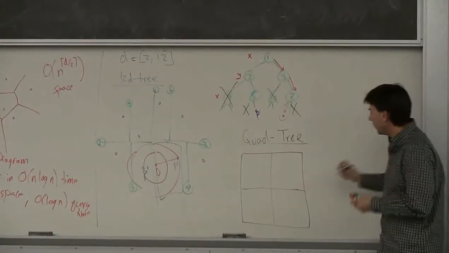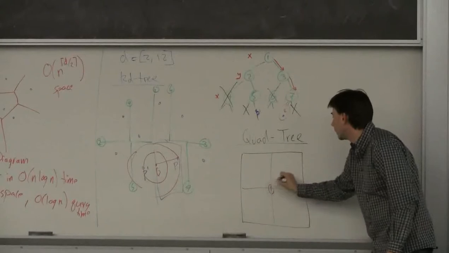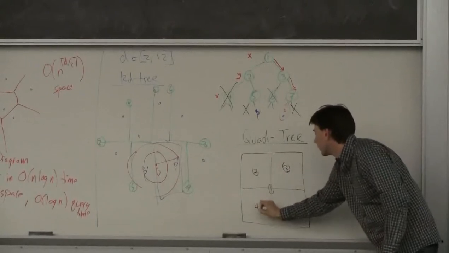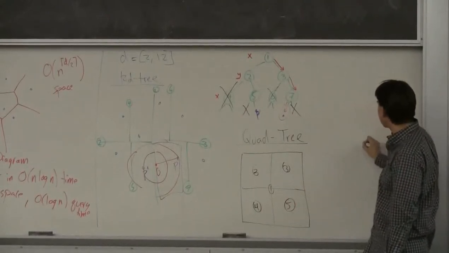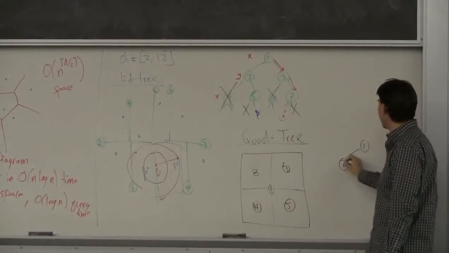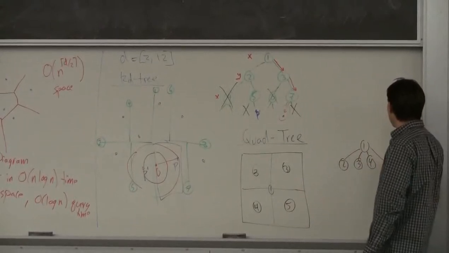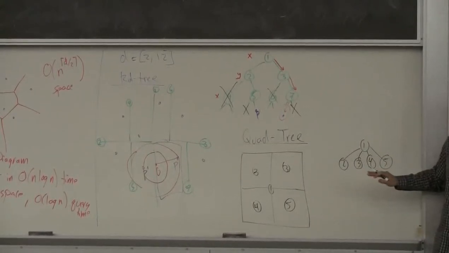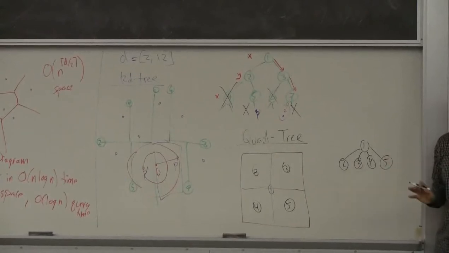Okay, so now the top of the tree is 1, and then I have 2, 3, 4, and 5. So my data structure is 1, and now I've got this 4-way split. In 3 dimensions, this would be an 8-way split. In general, it's a 2 to the D-way split.